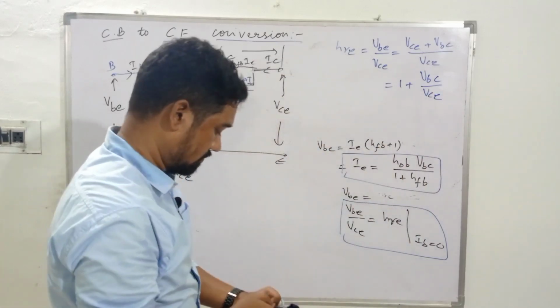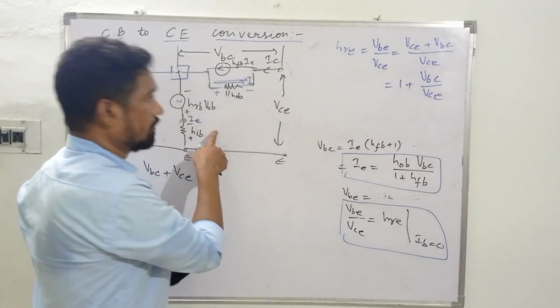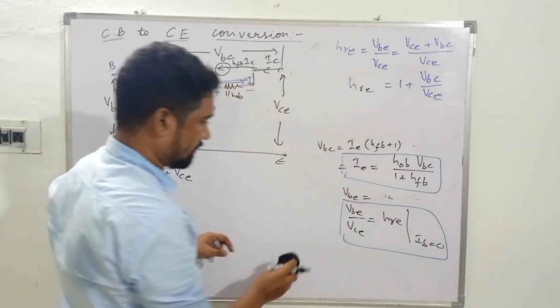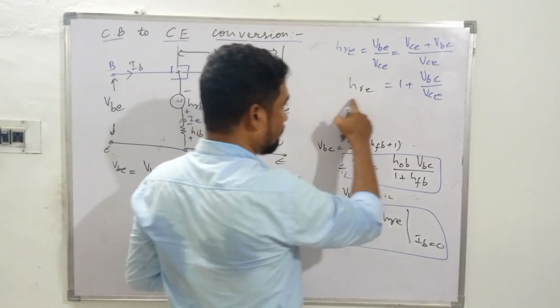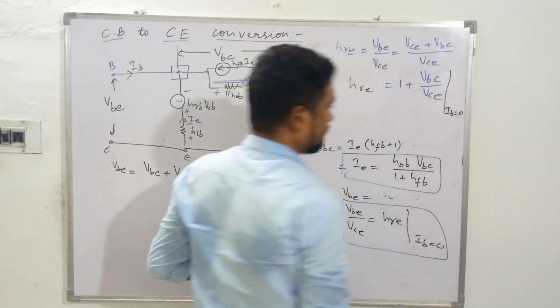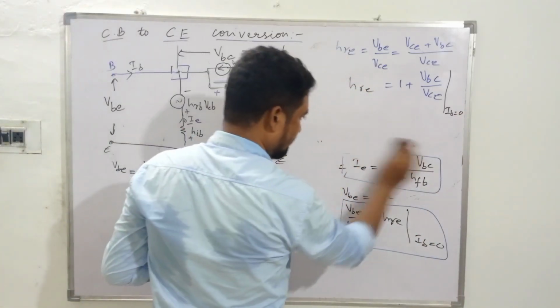Guys, we have to search for this ratio from here. Plug in over here, that will give us HRE. All right. So here, and what? This condition is for when IB equal to 0. That's the condition, right? To evaluate the H parameters.